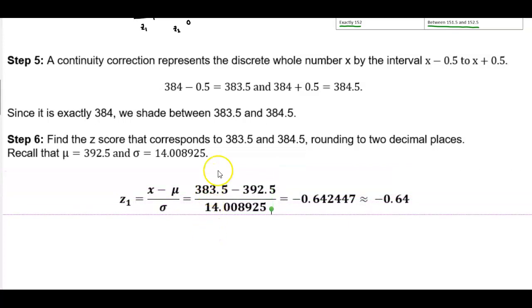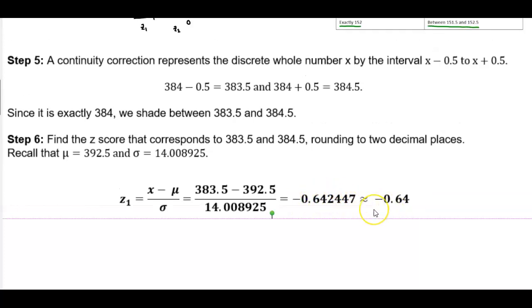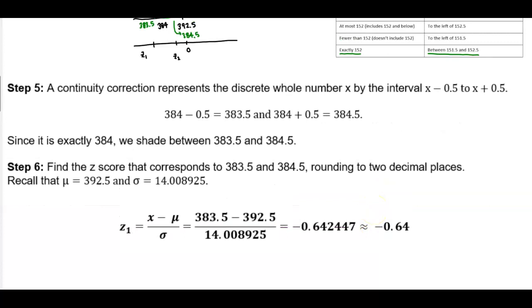So to find the z-score for 383.5, you take 383.5, subtract the mean of 392.5, and divide by the standard deviation of 14.008925, and that gives us negative 0.642447. Rounding that to 2 decimal places gives us negative 0.64. So therefore this first z-score is negative 0.64.